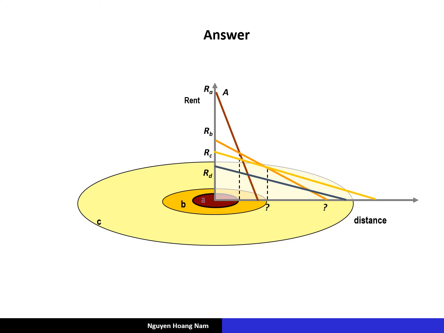So we should go like this, go from here to here, and here to here, and then here to here, which means that we will switch from A to B, and then B to C, but not to D, right? Not to D.